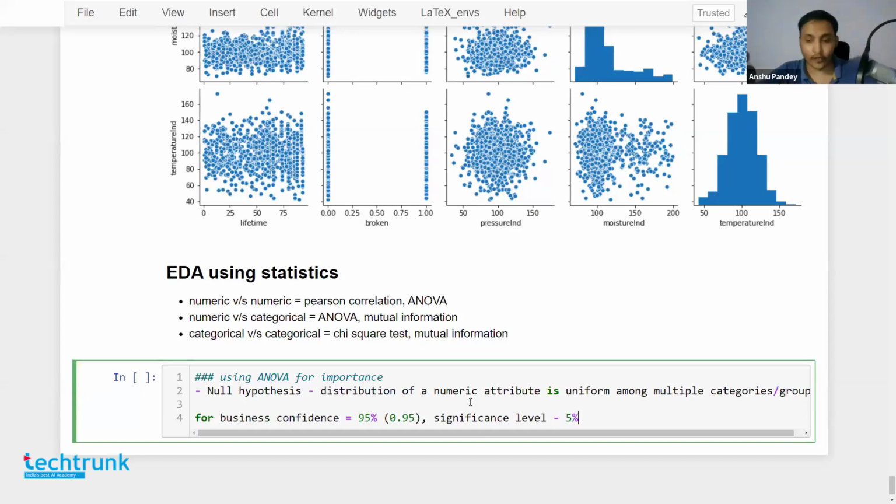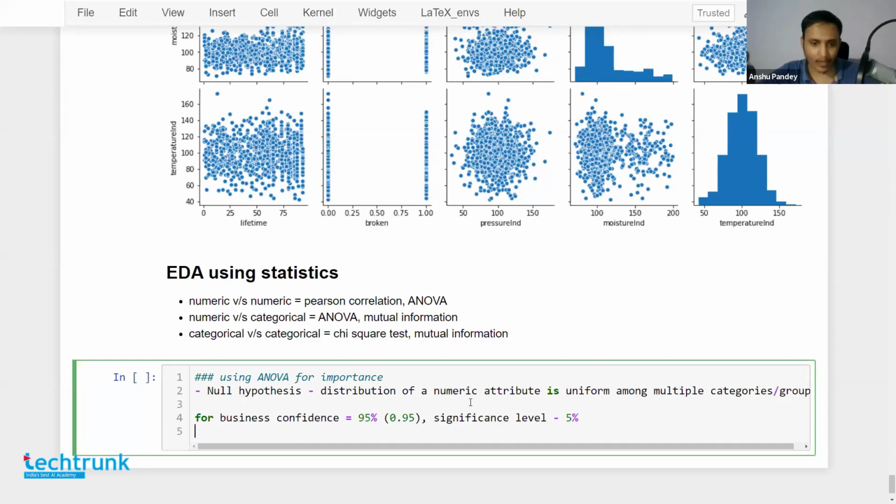Maybe some of you who are not from a statistics background, this might look a little complex to interpret, so don't worry about that. As this is a workshop, we cannot dive deeper into this, but in general trainings at TechTrunk Ventures, we go pretty much deeper into these concepts and discuss them in much detail. So yeah, generally you can look at a p-value, right?